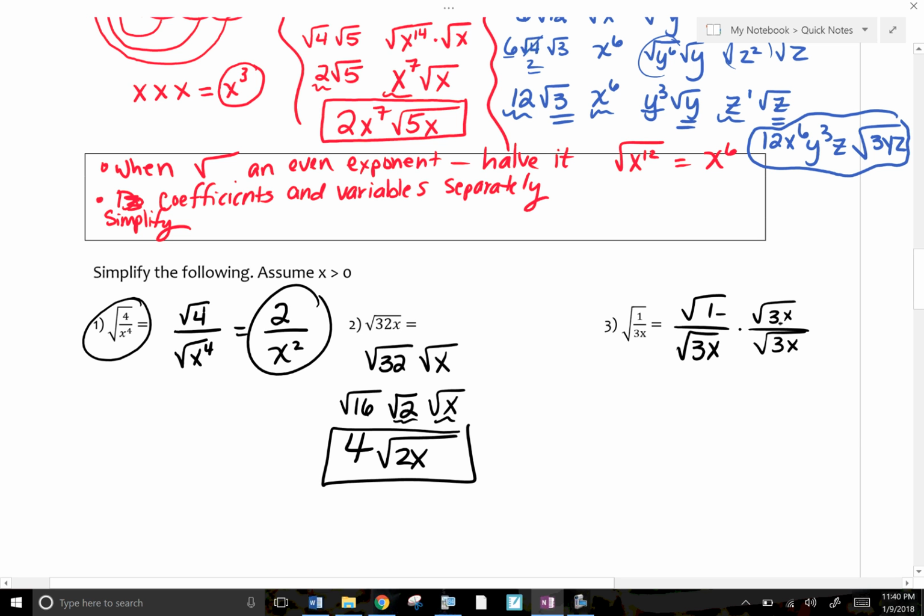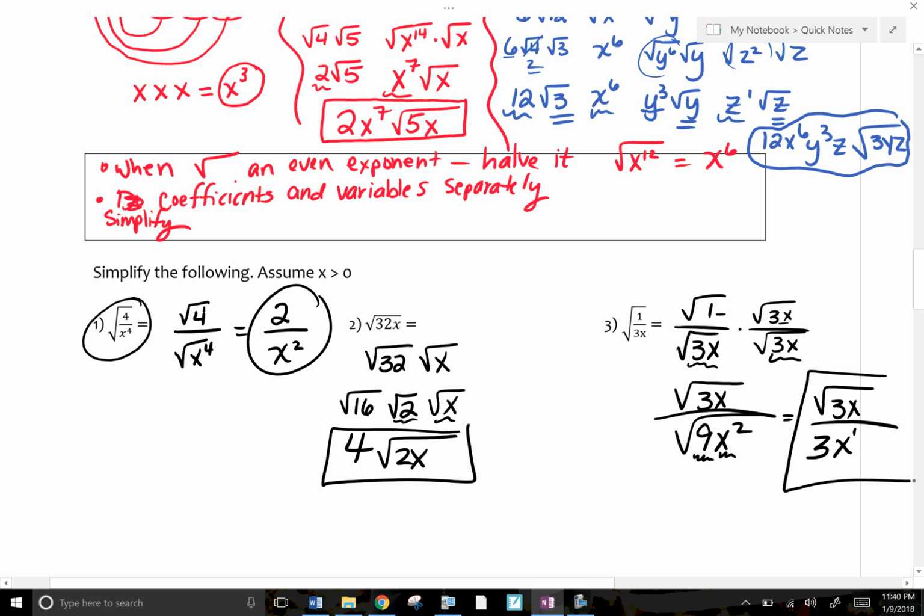So 1 times 3x is 3x. 3x times 3x is 9x squared. So I still have this root 3x on top, but the square root of 9 is 3, and x squared is even, so I cut it in half, x to the first. And that's your final answer.